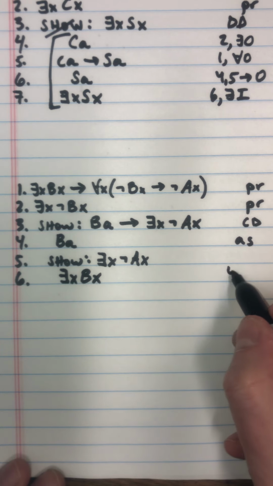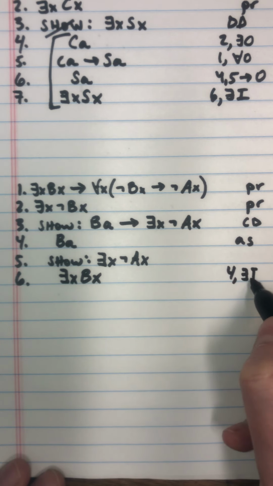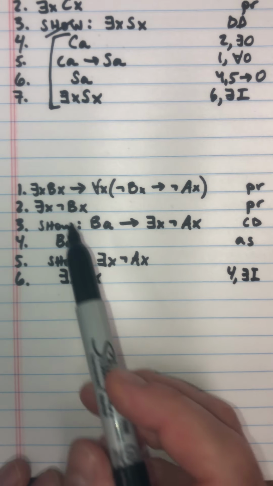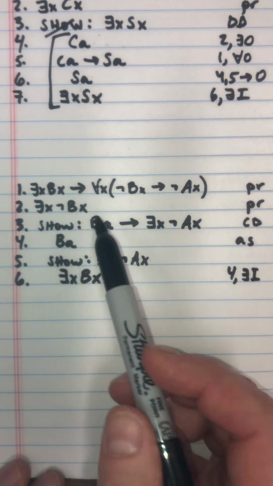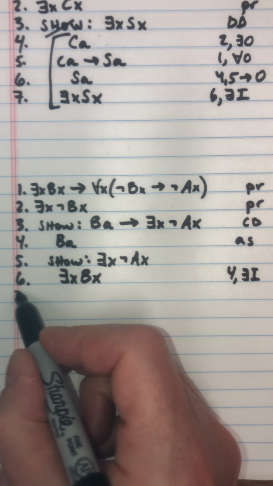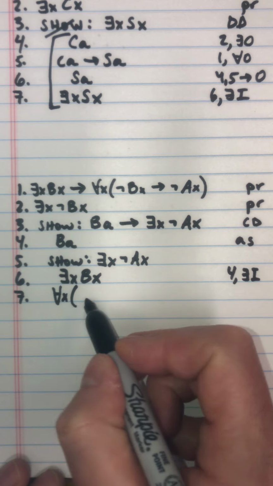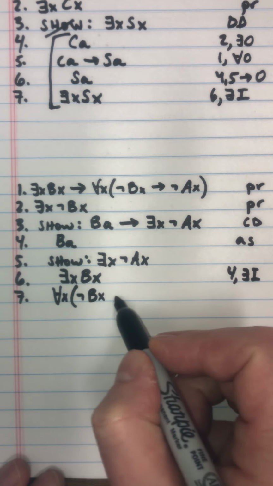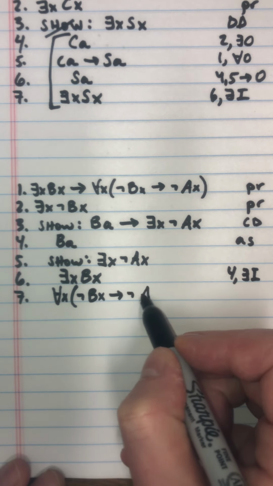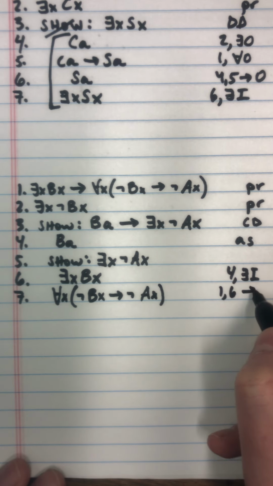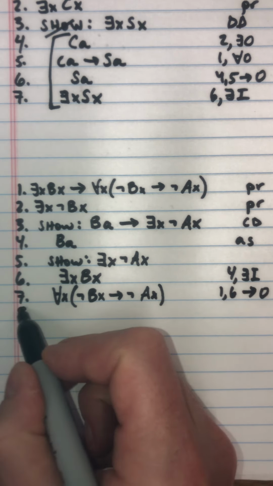That comes from line 4 by existential in. Why did I do that? Well, if you look at line 1, that's the antecedent of our conditional. Now we can do arrow out to get the consequent. So we're going to get everything after the arrow. That comes from lines 1 and 6 by arrow out.